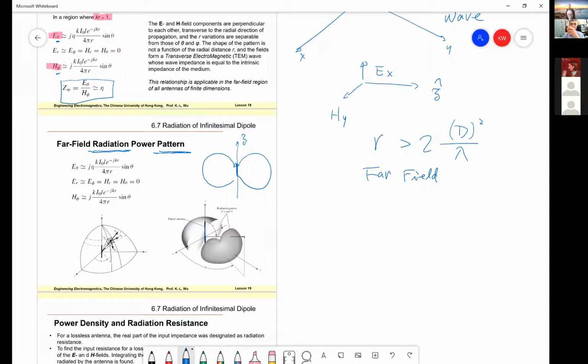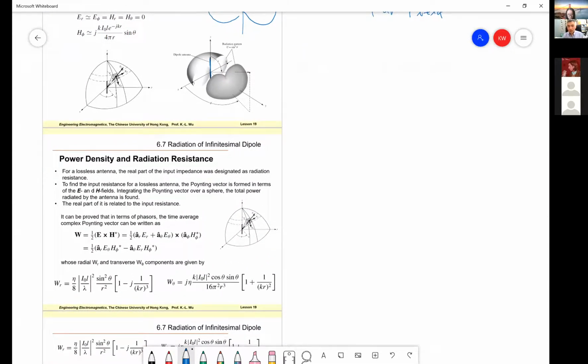Nobody wants to radiate energy to the sky or to the ground. Also, if you have a dipole antenna placed like this, in that direction you see no energy really, zero. At theta equal to 0 and theta equal to pi, it is zero, so no energy really.